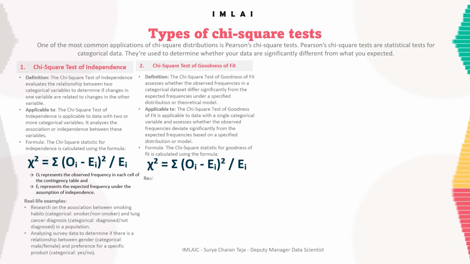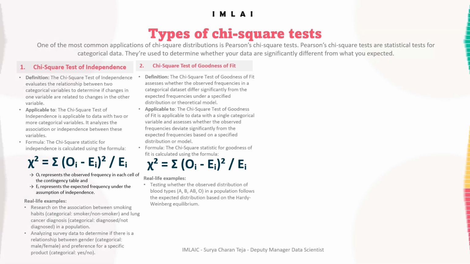And the second example is assessing whether the observed frequencies of eye color, again blue, green, brown, a multinomial variable, in a sample match the expected frequencies based on a population study.